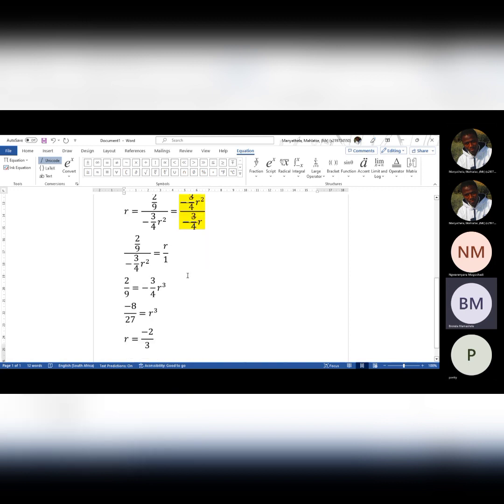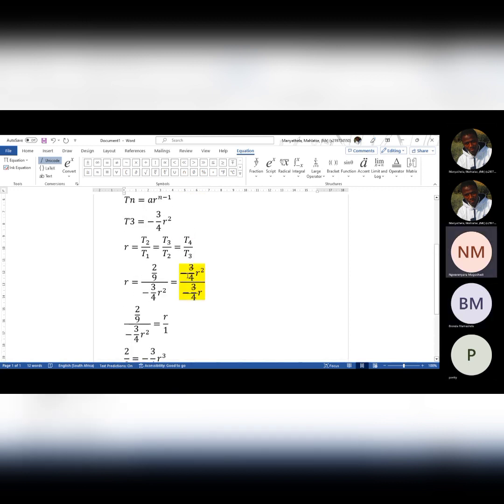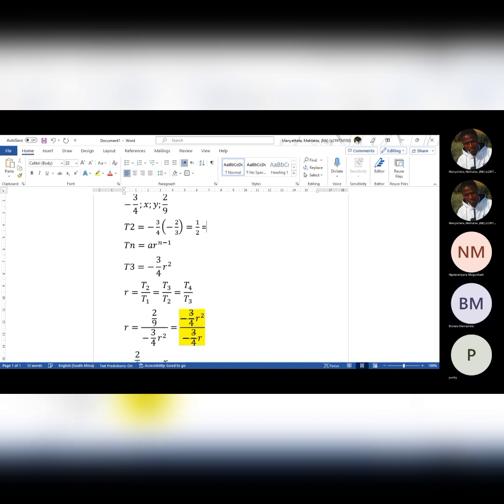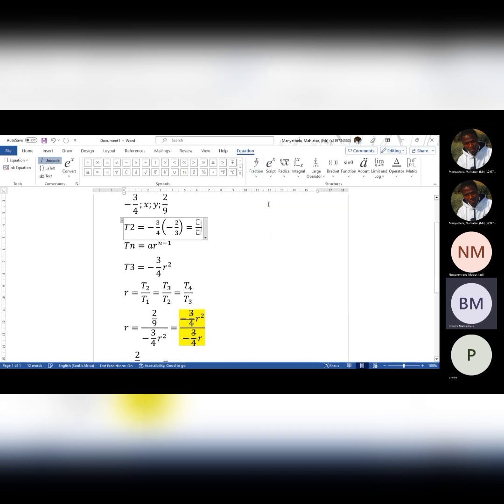Okay, number 4,5: negative 3/4 into negative 2.